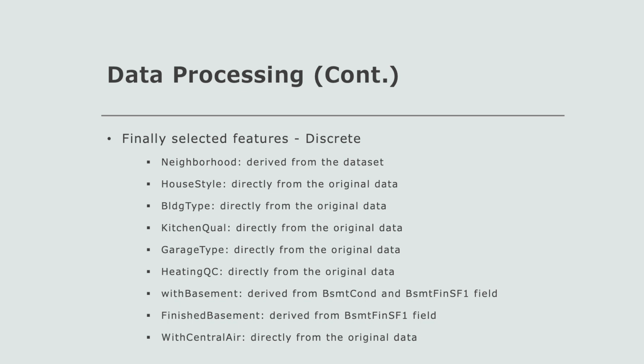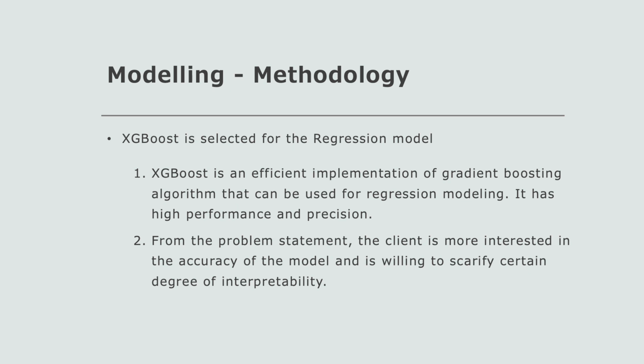It's also derived from the basement field listed, and it's an indicator about whether the basement is finished or not. And last we have the with central air feature. It's also derived from the original data, and it's an indicator about whether the house has a central air system or not.